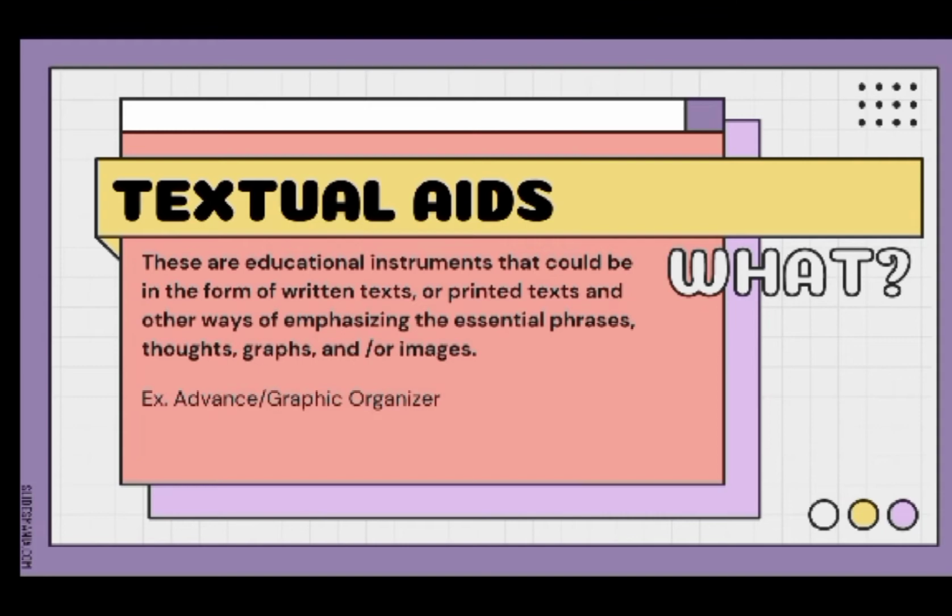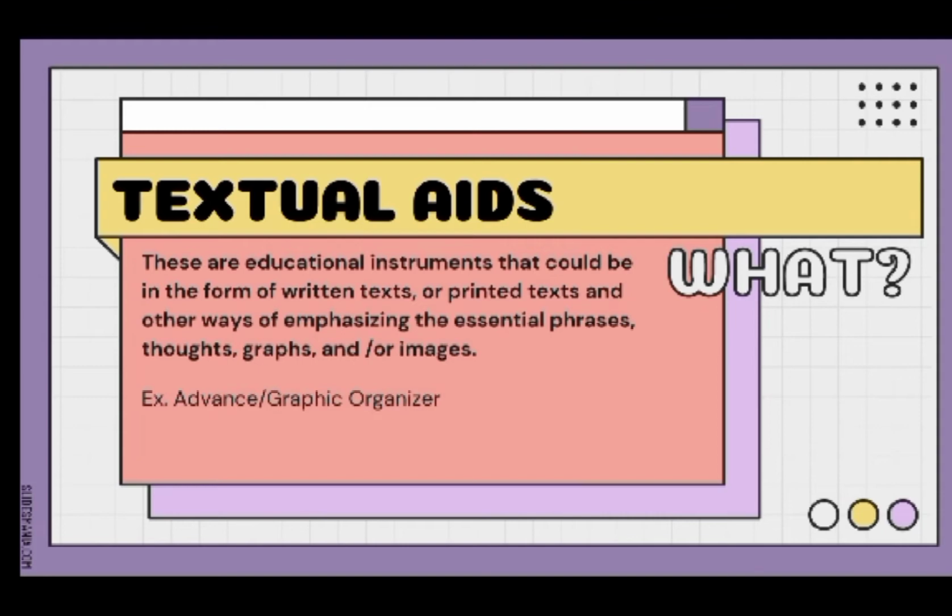These are educational instruments that could be in the form of written texts or printed texts and other ways of emphasizing the essential phrases, thoughts, graphs, and or images. And graphic or advanced organizers are examples of textual aids. So one way, class, to understand a particular text is through these graphs, charts, or illustrations.